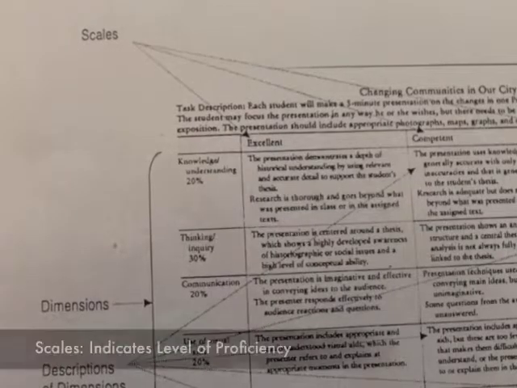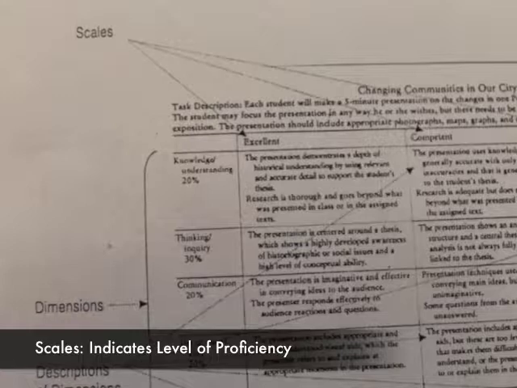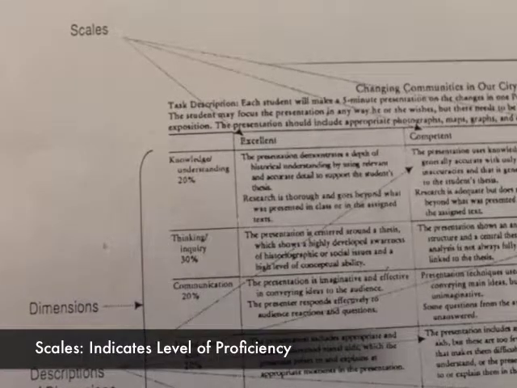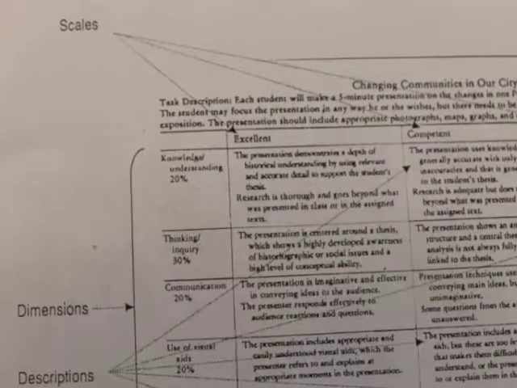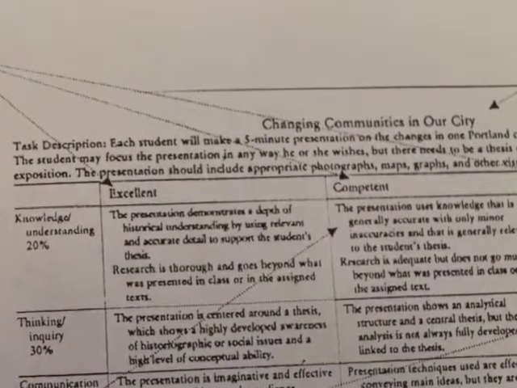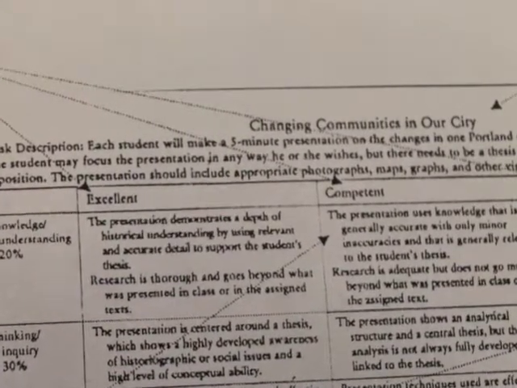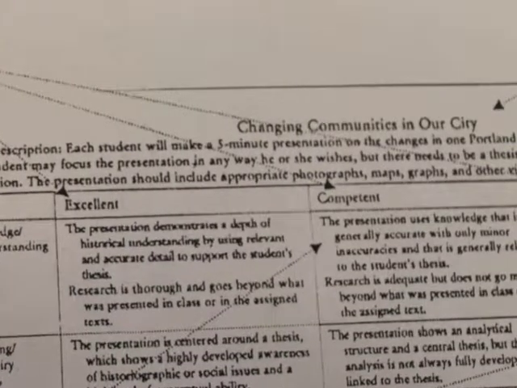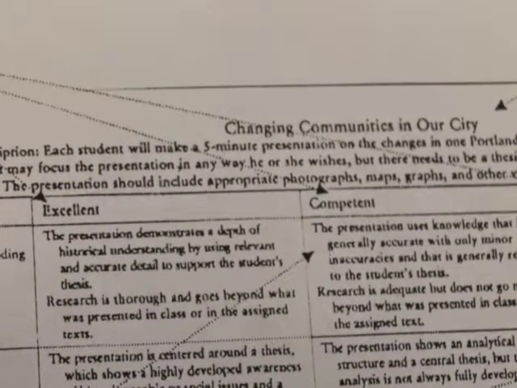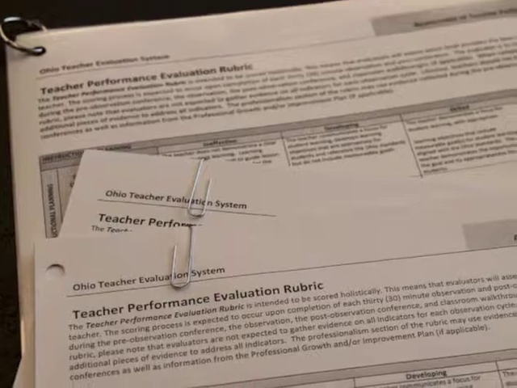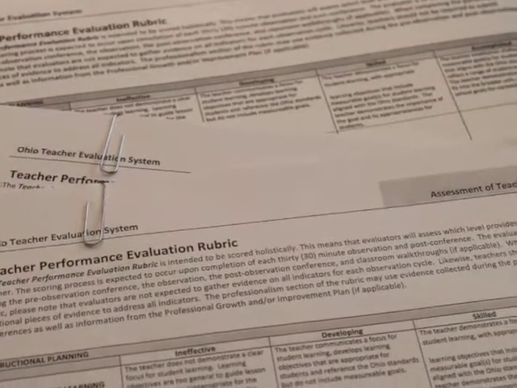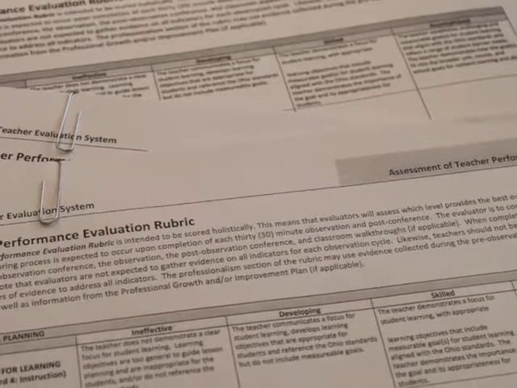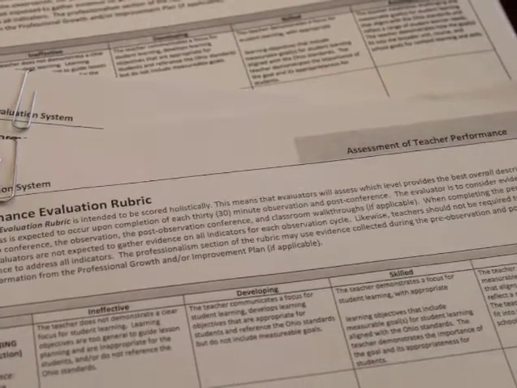Next, you will notice that a rubric has a scale to indicate the level of proficiency at which elements of a task are performed. On the example, the scale includes excellent, competent, and needs work. Looking at the Ohio rubric, you will see that their scale includes the terms accomplished, skilled, developing, and ineffective.